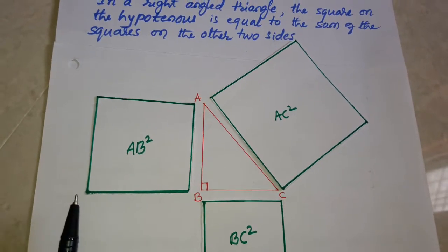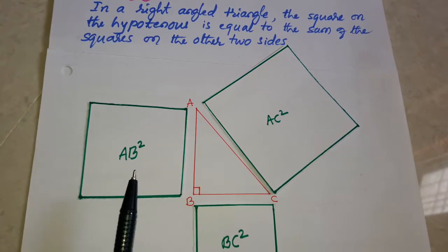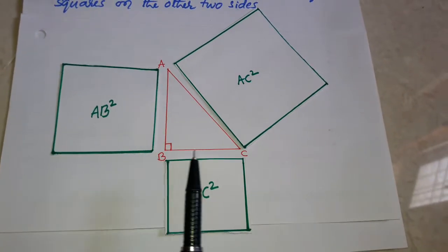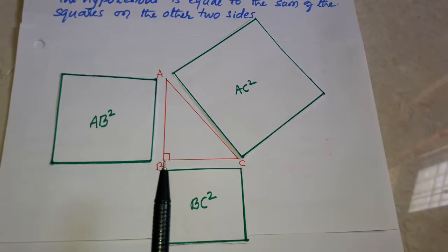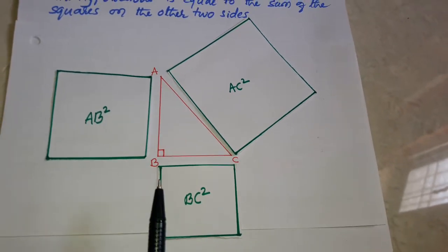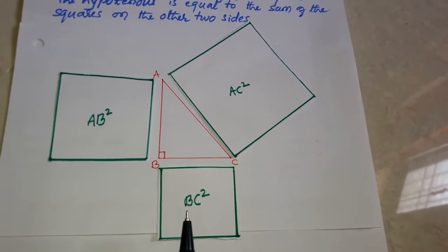Here we have drawn, taking that length, a square. Its area is side square, AB square. Here, taking BC, on BC itself, taking that length, all four sides, the area of this square is side square, BC square.